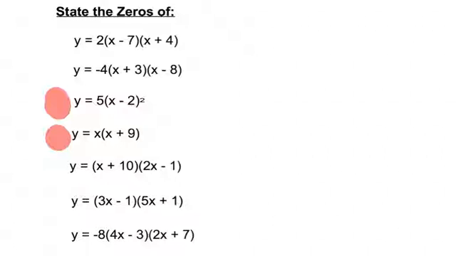One thing that you will want to know before getting too deep into this is that the a value doesn't actually affect the zeros. So I'll go through one of these just so you can see that. In the first one here, if I set y equal to 0, you have 0 equals 2(x minus 7)(x plus 4).